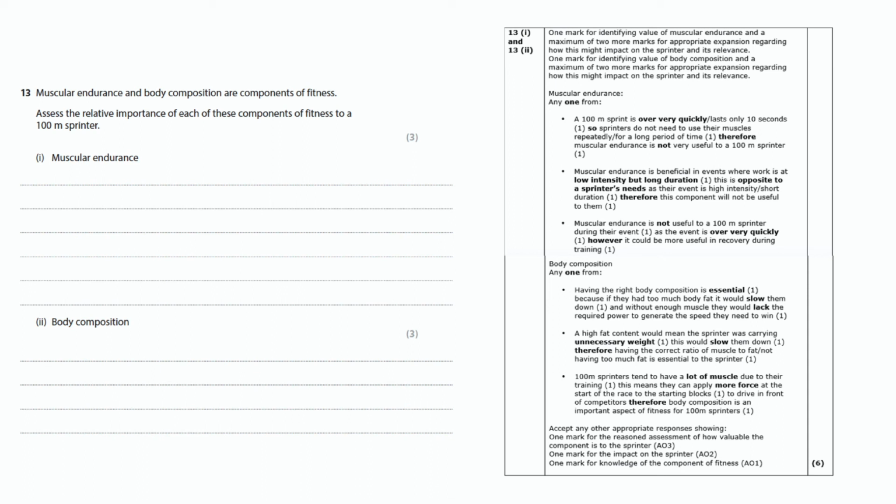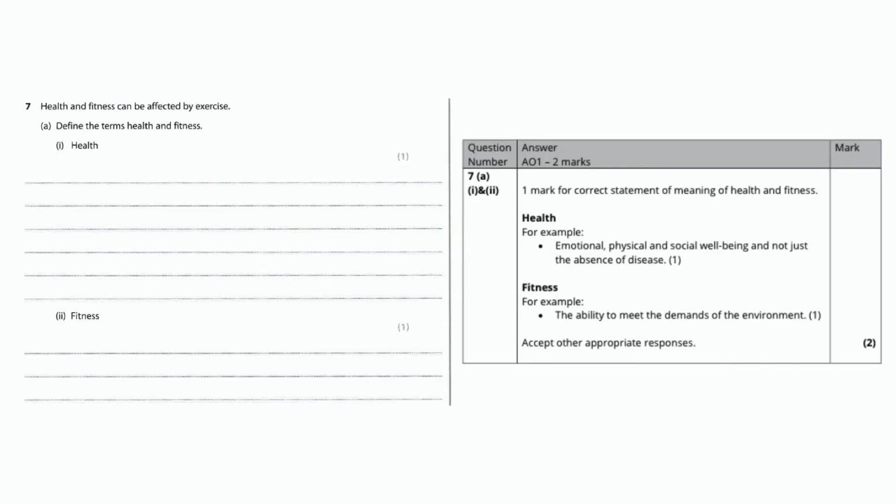So if you see 100-metre runners, they're powerful. They've got a lot of muscle. So their body composition has got to be a high percentage of muscle. Finally, 3rd mark, again, we need to assess it relatively to muscular endurance, really easy. Therefore, body composition is more important for a 100-metre runner than muscular endurance.